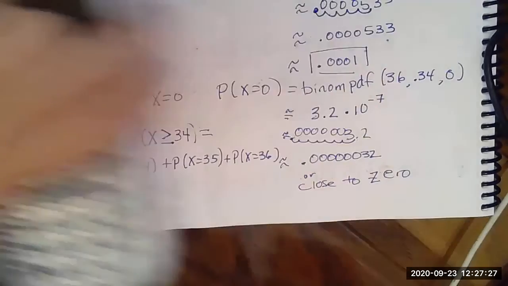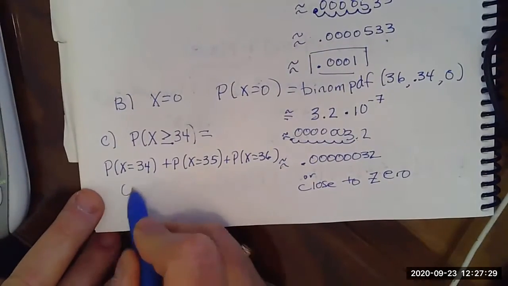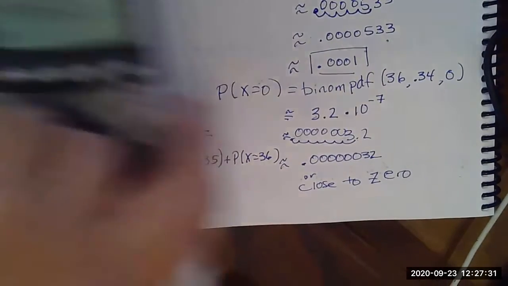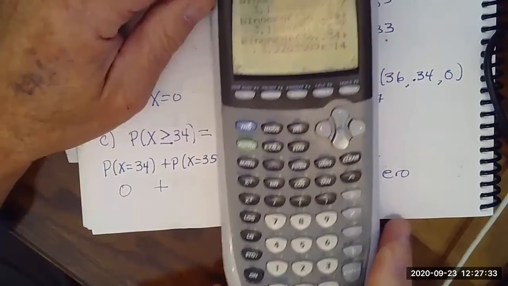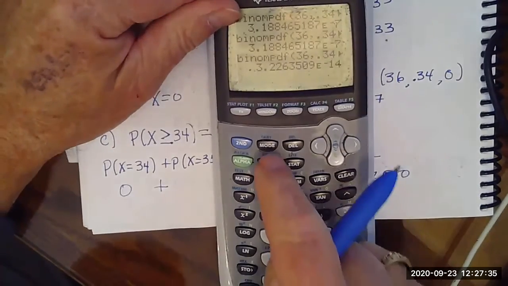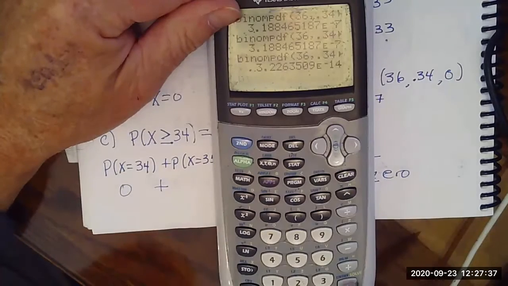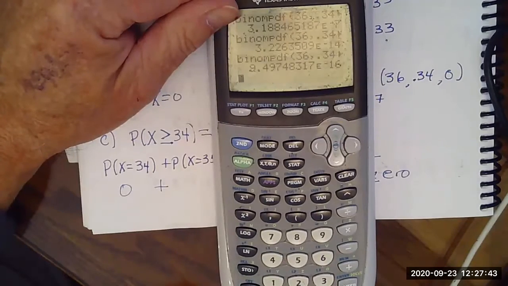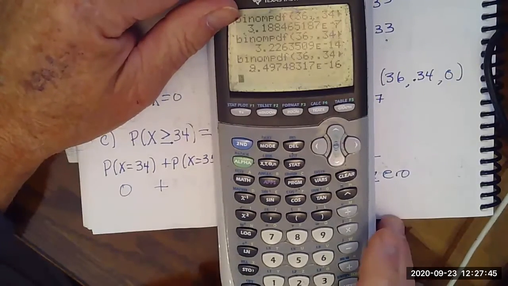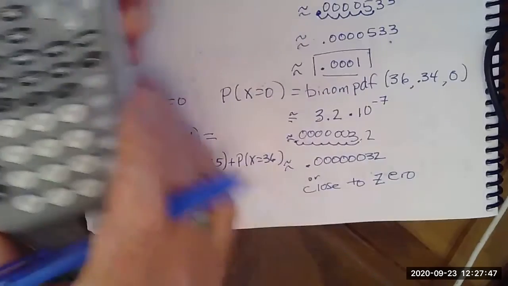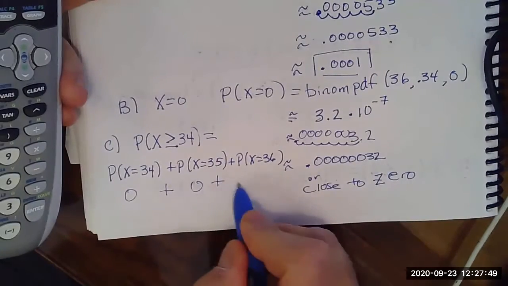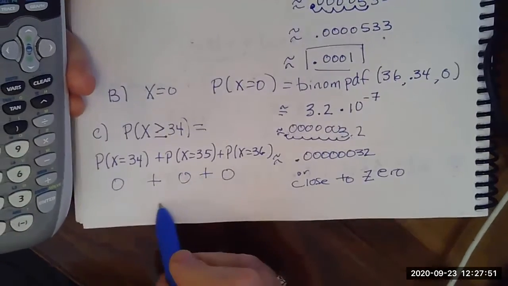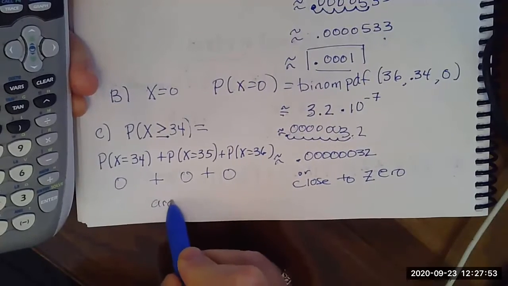So I've got about 0 plus, let's see, 35. Even worse, even more 0, even closer. And I bet you this one here is also close to 0. So around 0.